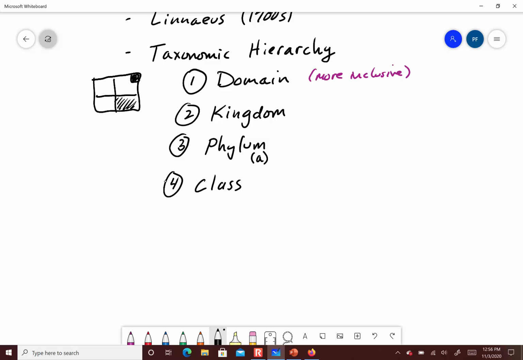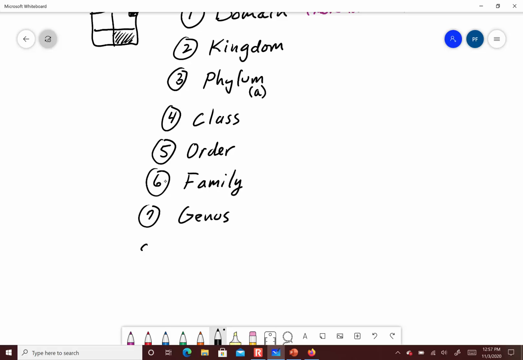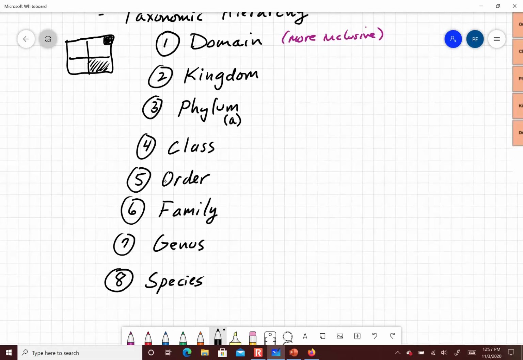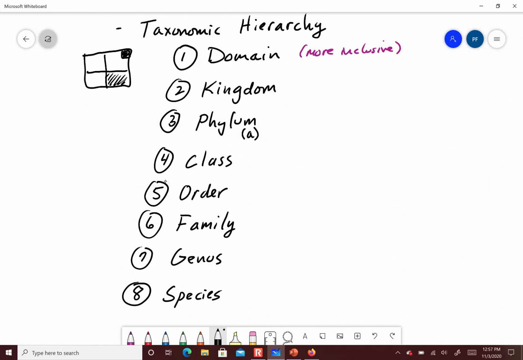So domain, kingdom, phylum, class. 5 is order. 6 is family. 7 is genus. And then 8 is species. So that's our taxonomic hierarchy. That's our breakdown from most inclusive to more specific.